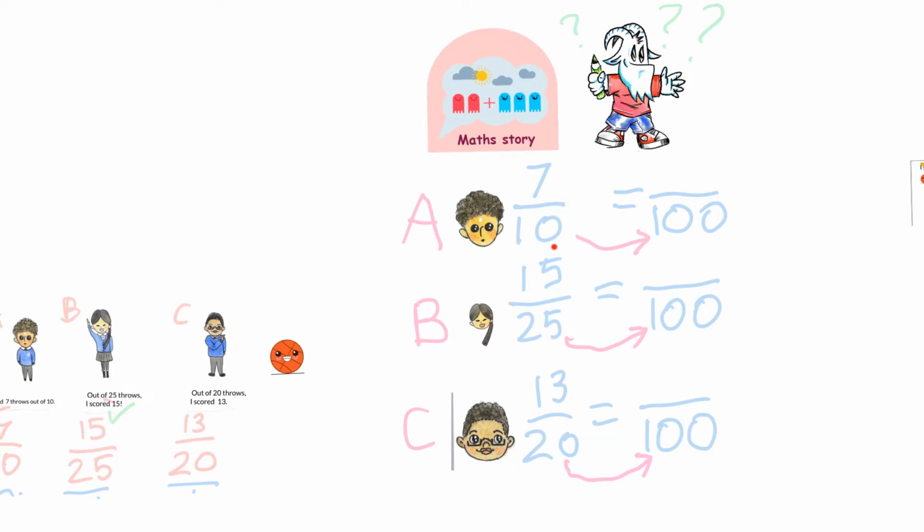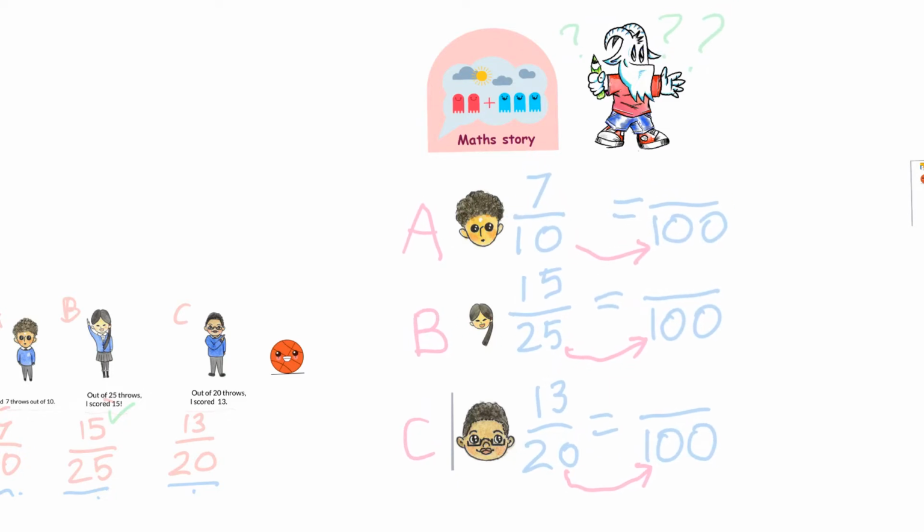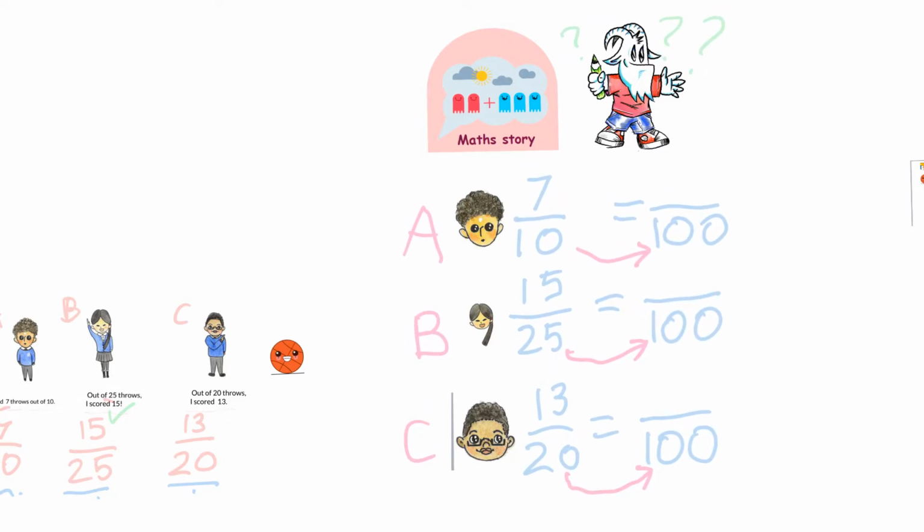Can you think, what would I have to multiply 10 by to change it into a fraction out of 100? Pause the video and I will wait. Pause the video. Are you ready? Great.